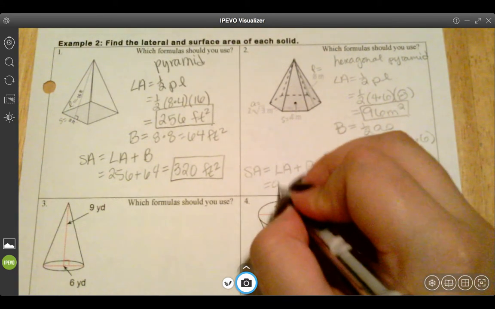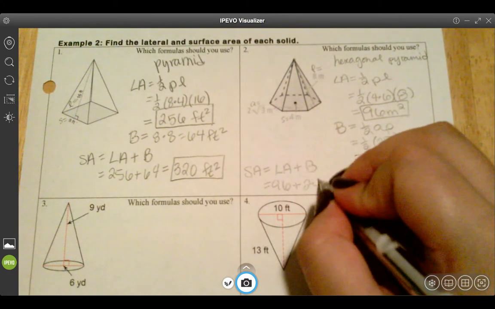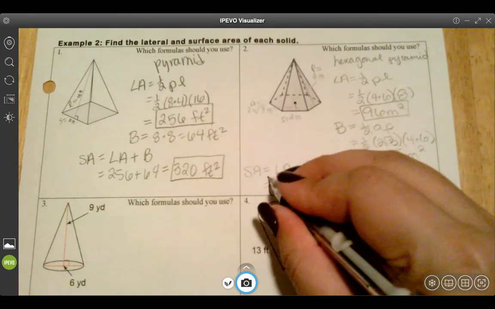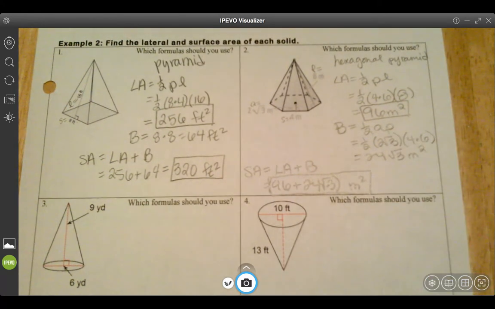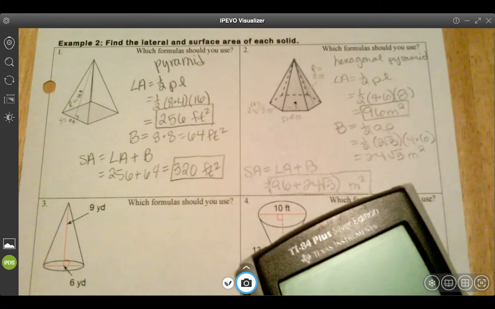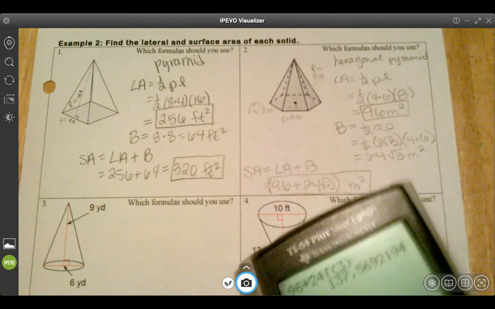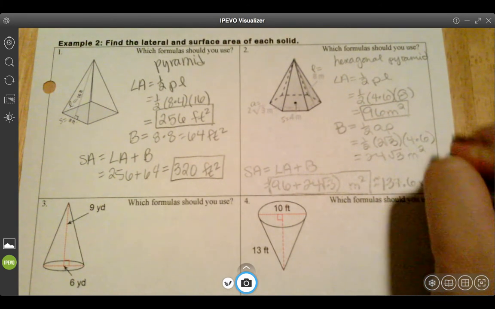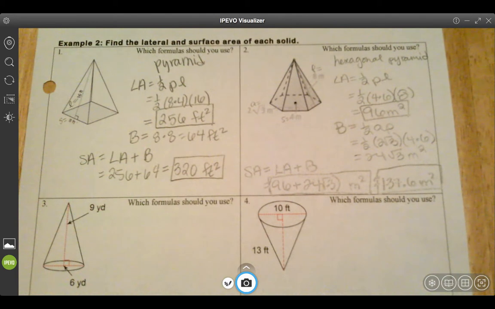So that's 96 plus 24 times the square root of 3, all of that is square meters. If it says round to 1 decimal place, then we would put that whole thing in, 96 plus 24 times the square root of 3, and we get 137.6 square meters. So again, read the instructions at the beginning of every problem, read carefully.